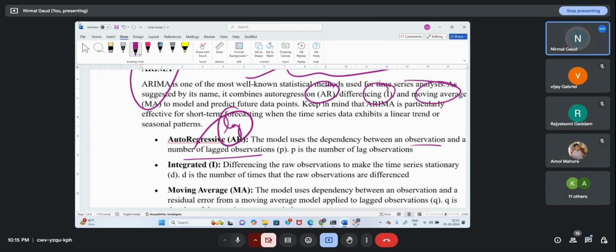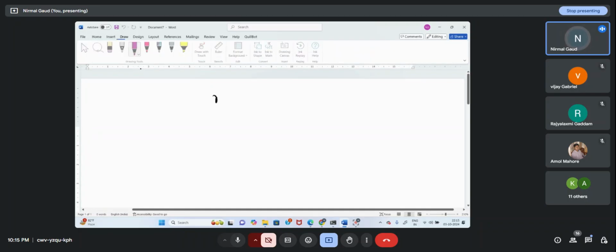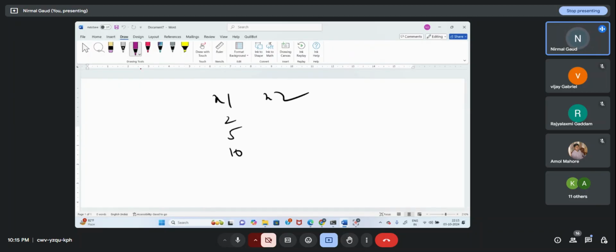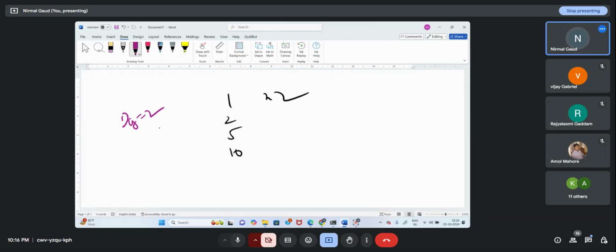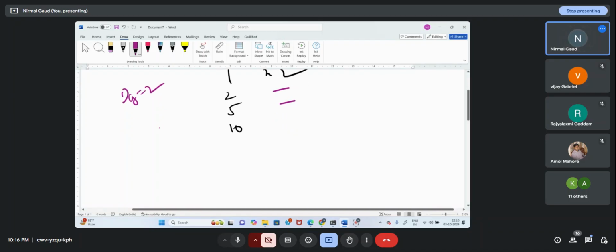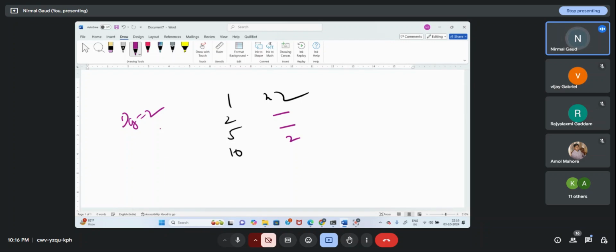What is a lag? I think this is a pretty clear point. You are having a feature x: x1 and x2. This is 2, 5, 10. If I say I will be working on x2 with a lag of 2, I will keep these two empty, and then I will start writing from here: 2, 5, 10, 11, 12.